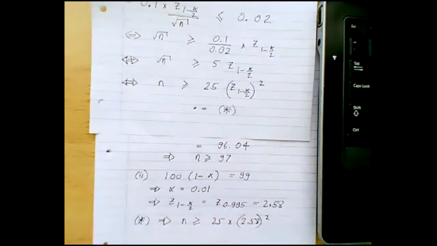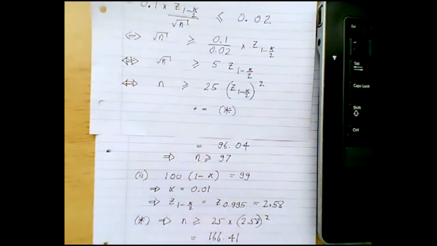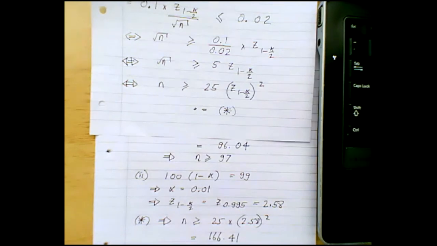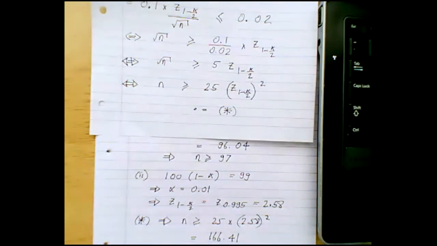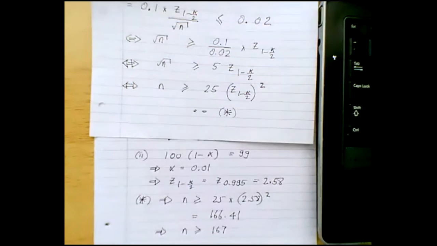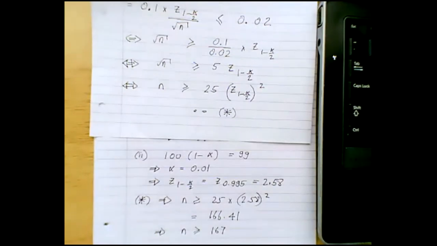If you simplify this, it is 166.41. So in other words, n must be greater than or equal to 167, because remember, n must be an integer, so it cannot be 166.41. All right, guys, so this completes the solution to question 5.